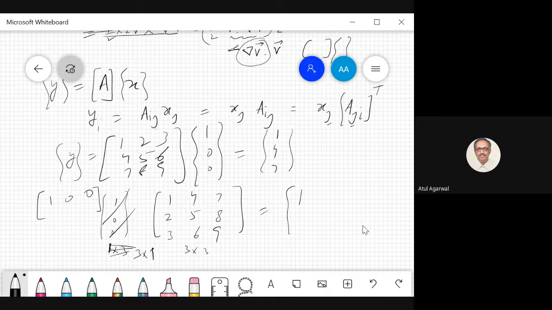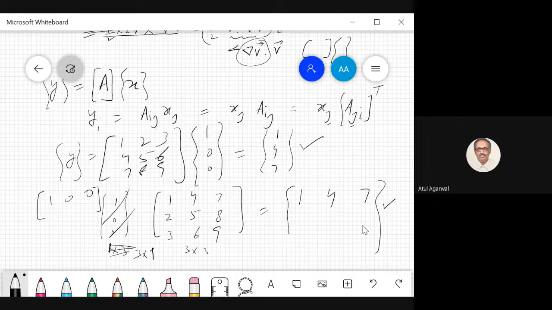If I do like this, what will happen? Then I get 1. Then second time I do, I get 4. Third time I do, I get 7. So this is my vector 1, 4, 7. Same thing, same vector. So this thing comes handy at many times.